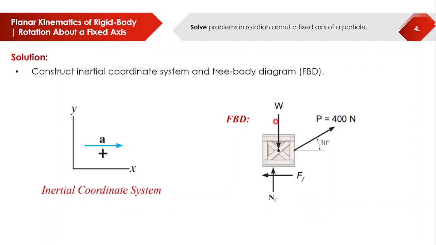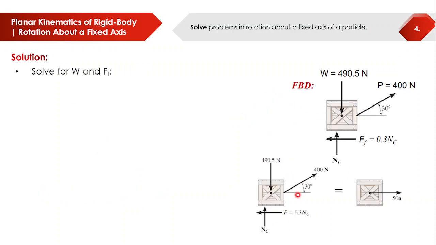So next step natin is we are going to identify the amount of these unknowns. So ginawa natin is we identify yung mga values ng mga unknowns natin. So we first identify the value of our weight.